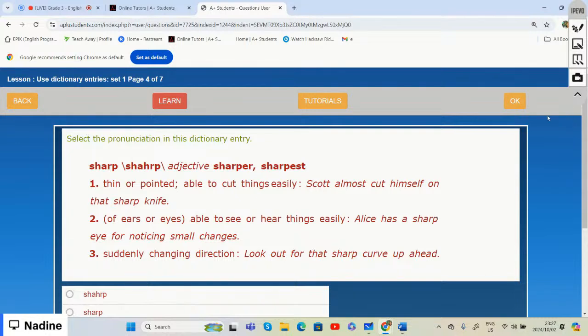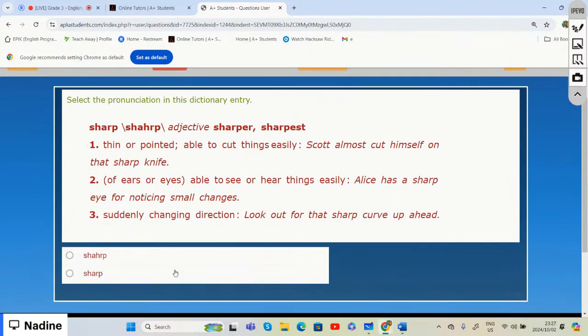All right. And if we were to select the pronunciation, remember the pronunciation. Is it option one, shop, or is it option two, shop? Remember the pronunciation, not the word, the pronunciation.